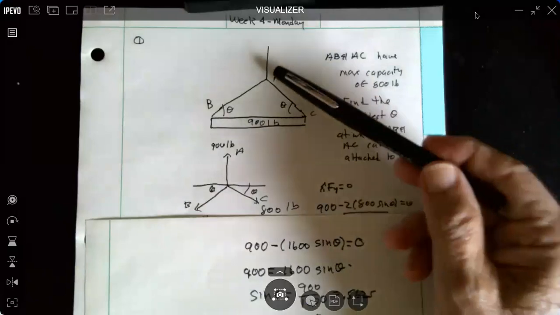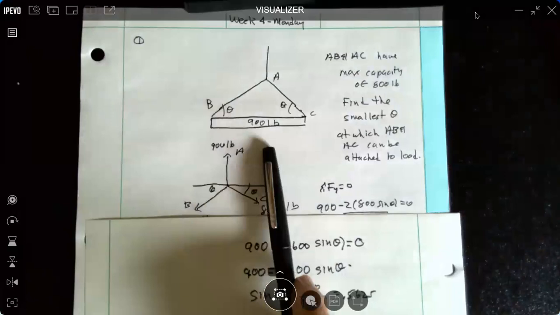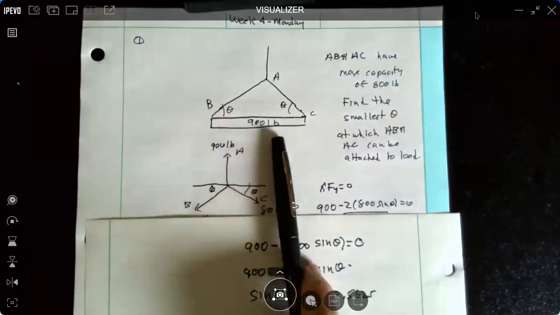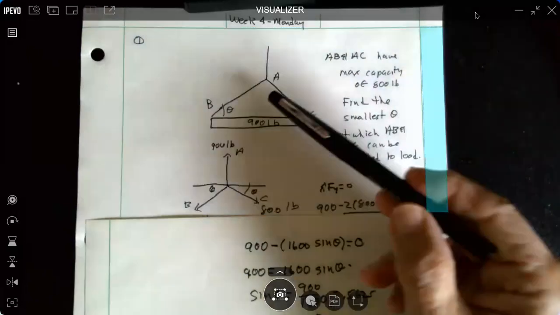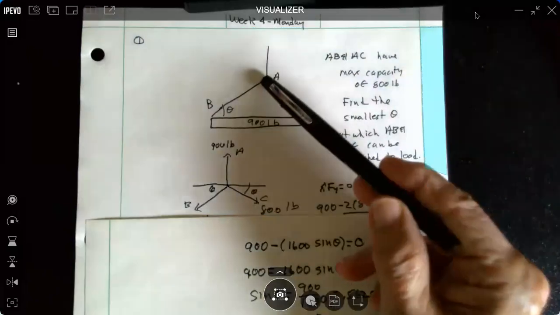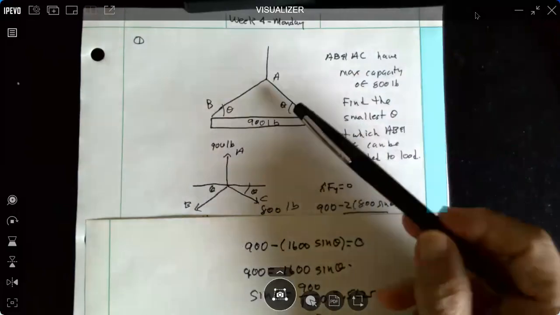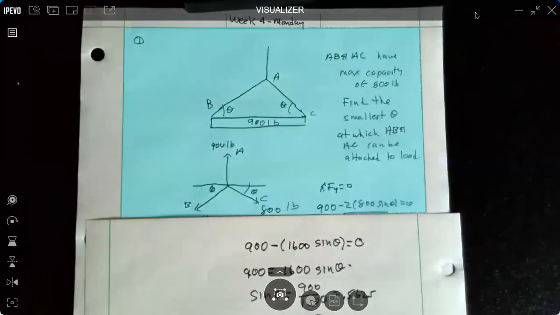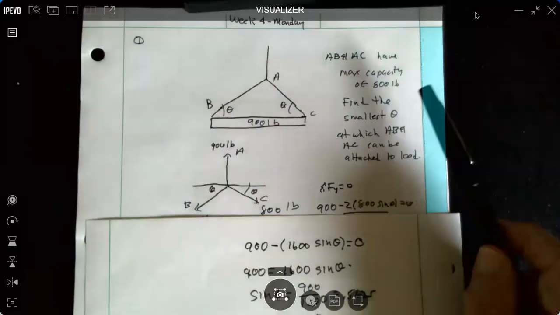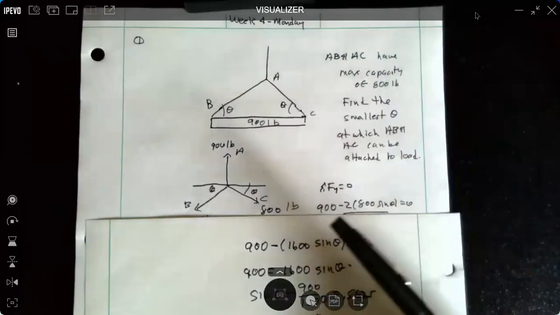Attached here, there's a vertical cable that's lifting this load of 900 pounds. 2 lift cables, AB and AC, are attached at an angle theta to the 900-pound load. And conditions are that AB and AC have a maximum capacity of 800 pounds.